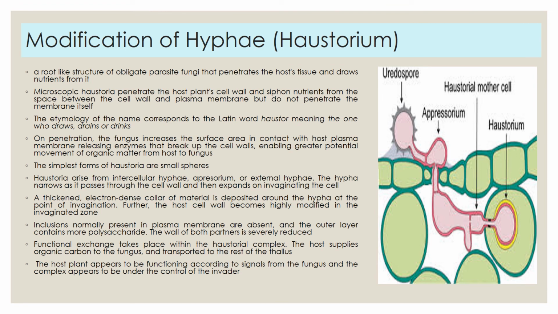Another fungal modification or hyphal modification is that of the haustoria. As discussed in the previous slide, any fungal spore begins its life cycle and germinates into a germ tube, develops an appressorium, which is a bulb-like structure, and after the appressorium attaches firmly to the plant surface, it develops an infection peg or infection tube and enters the host cell, where it may grow in between the cells, that is intercellularly, or it can grow through the cells, that is inside the cell.